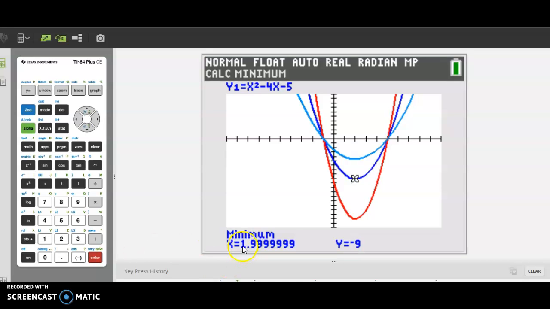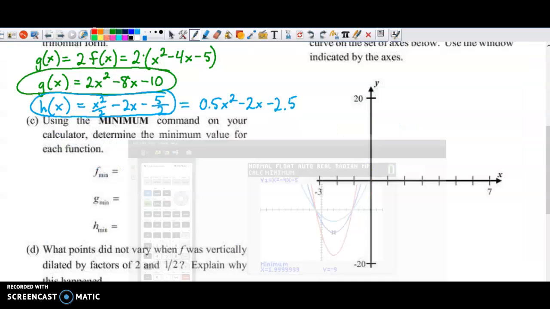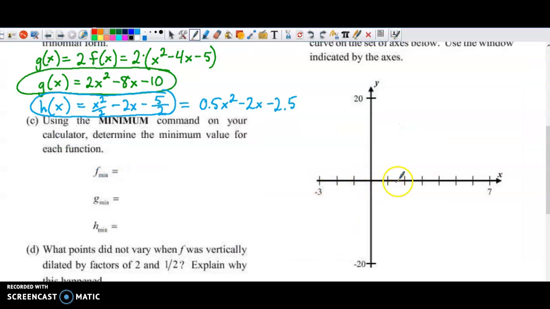The calculator is not that smart. This was supposed to be x equals 2, y is negative 9. So 1, 2, negative 9. The value is the y value. And what you'll see is that they all occur at x equals 2.